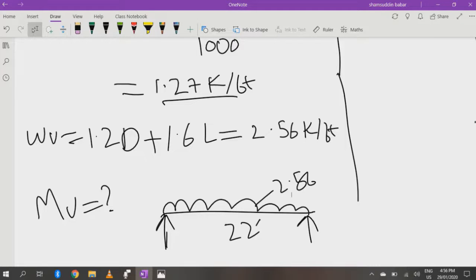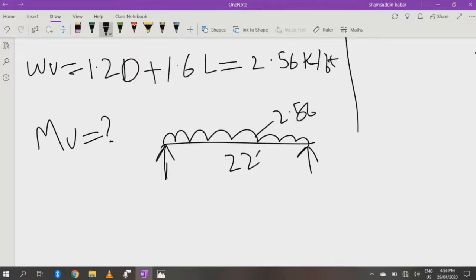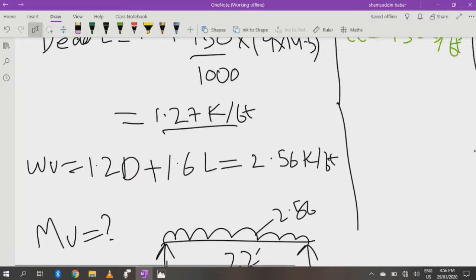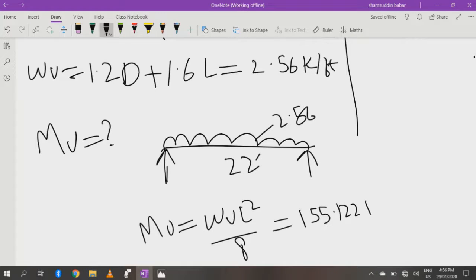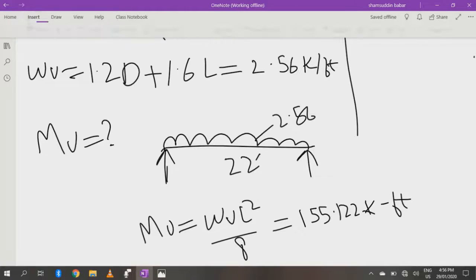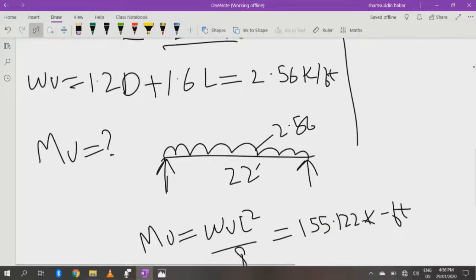So Mu is equal to Wu L square by 8. This gives me an answer of about 155.122 k into feet.